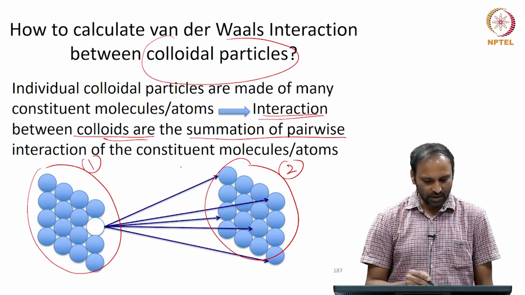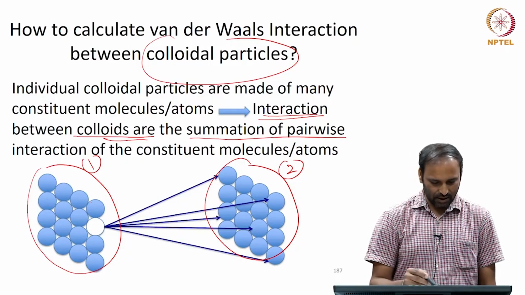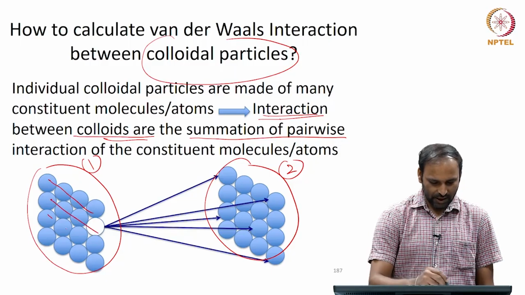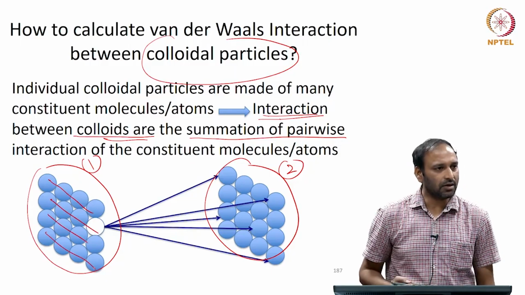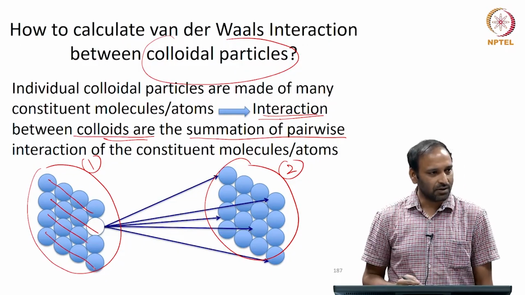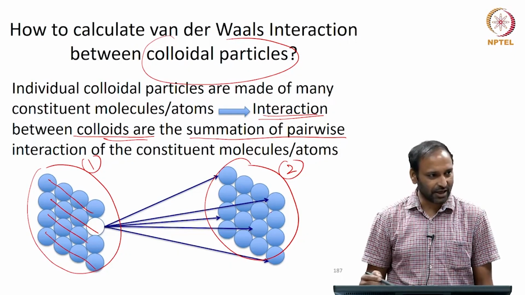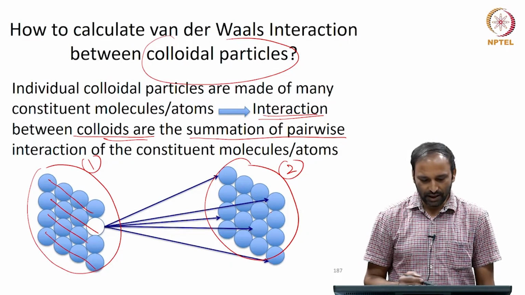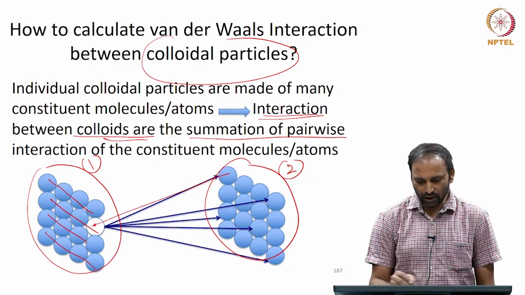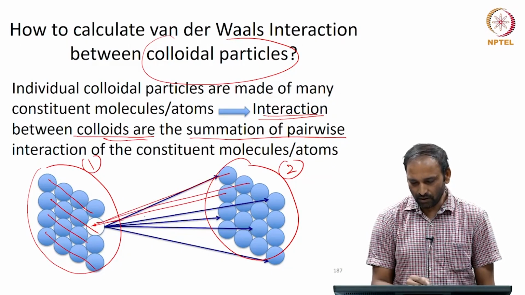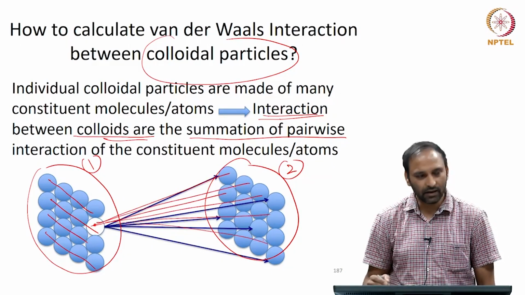Okay, in this case I am considering a particle made up of 16 atoms. Similarly, there is another particle made up of a similar number of atoms. I take one atom and look at its interaction with all of the 16 in the other particle.